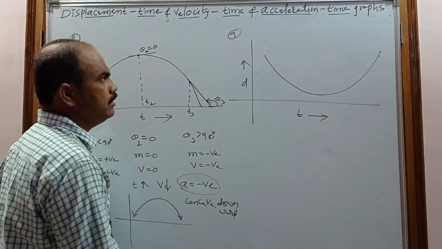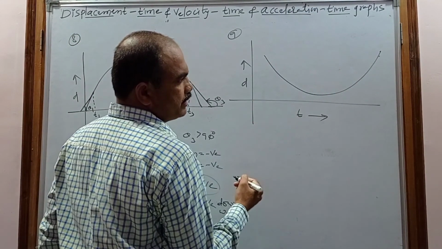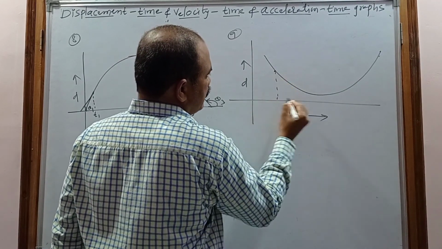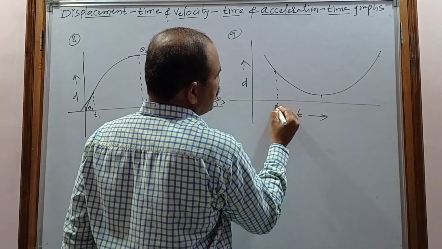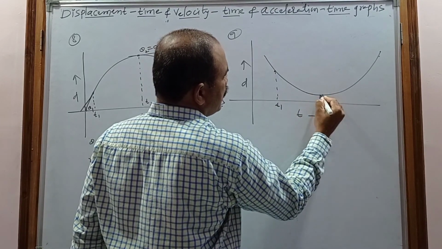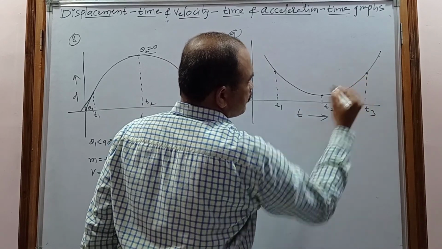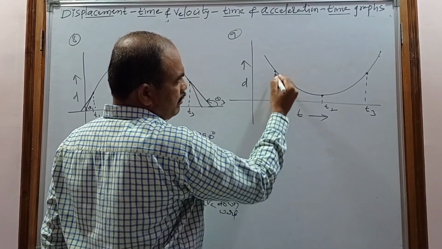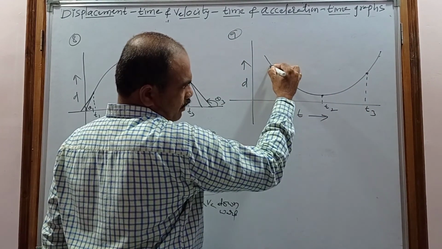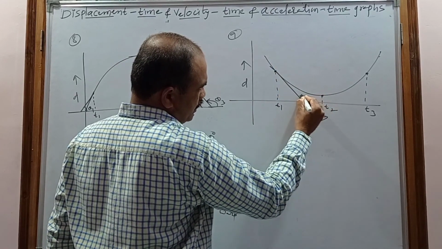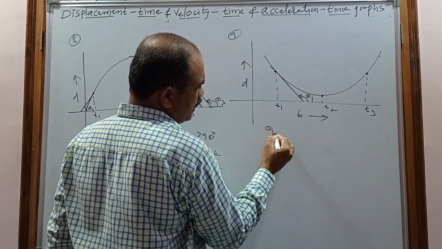Now coming to the concave upward graph, which is like this. To explain the motion, I am taking 3 points: one at t1 time, another at t2 time, and another at t3 time. If I draw the tangent at the t1 point, it makes theta 1, and theta 1 will be greater than 90.